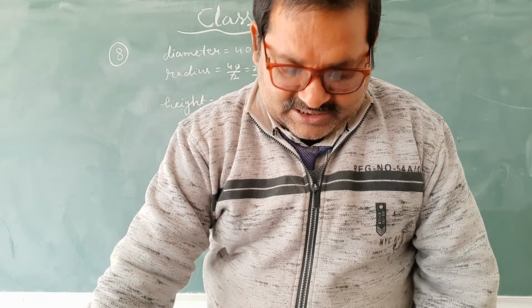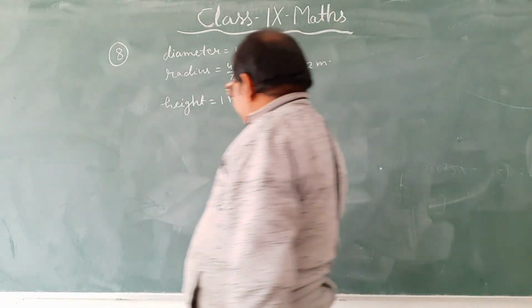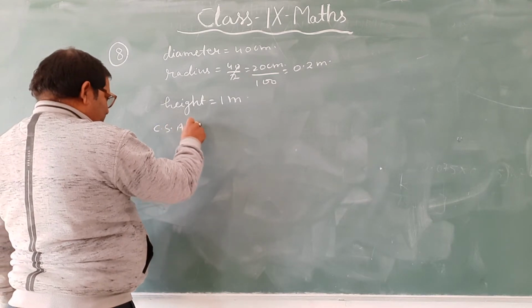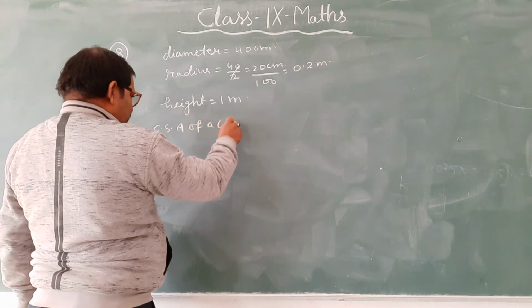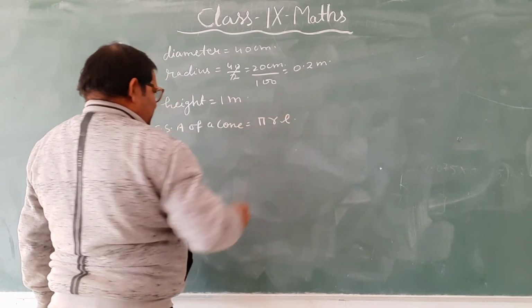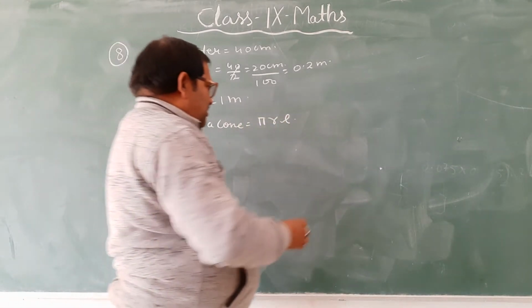Curved surface area of a cone equal to pi r L. First we find the L.